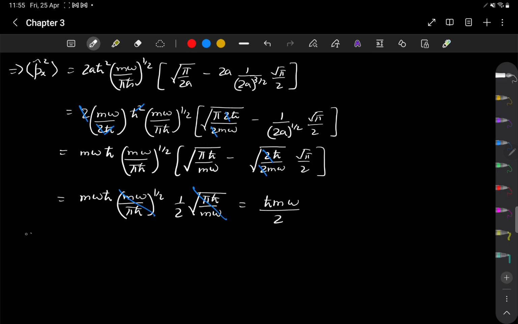Now we need to find out the expectation of the momentum operator as well.